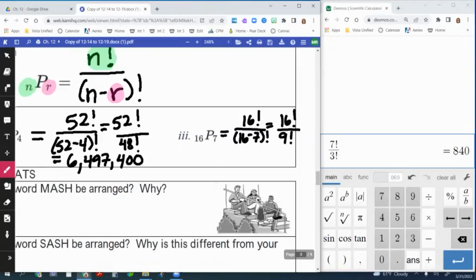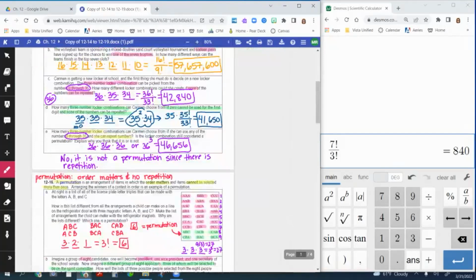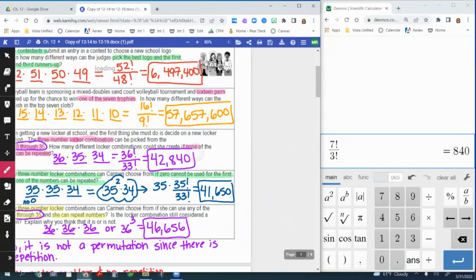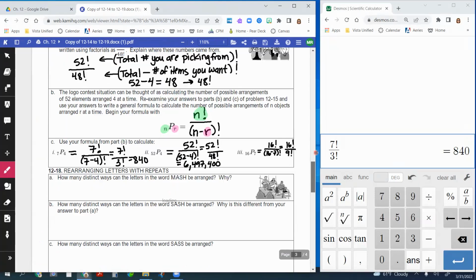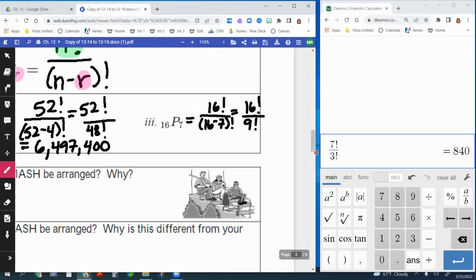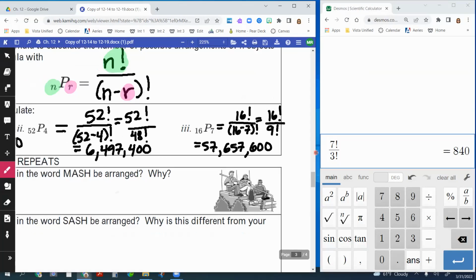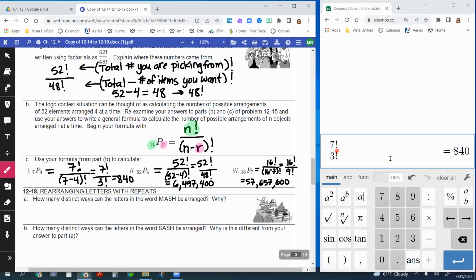And when we had done that one, that was the volleyball one, we ended up getting 57,657,600 as our answer.